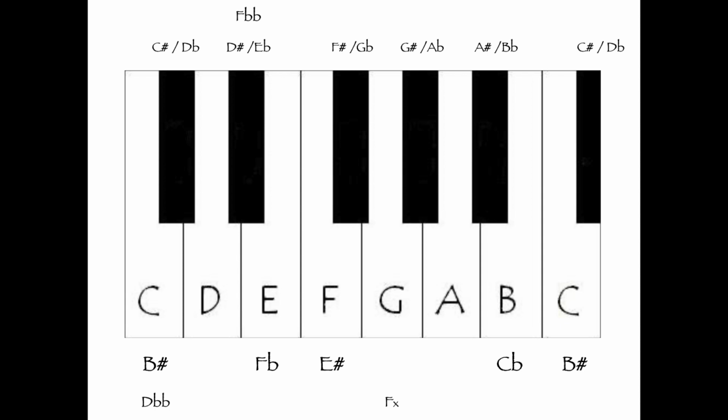Take as an example C. It can be called C or B sharp, or even D double flat. And that black key between D and E can be called D sharp, E flat, or even F double flat. Why anyone would want to call it F double flat is beyond me. So do not let this worry you. Just accept it.